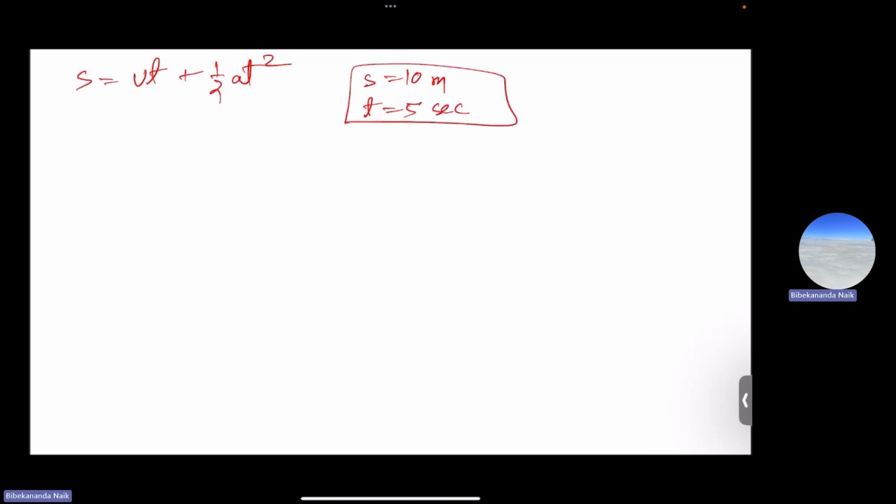So we know from the equation of motion, S is ut plus half at square. S is given, it is 10 meters, and t is 5 seconds.